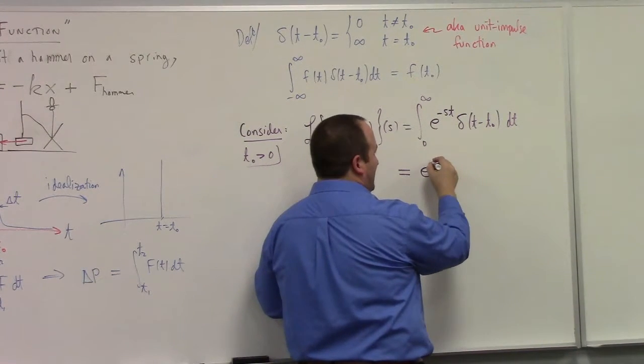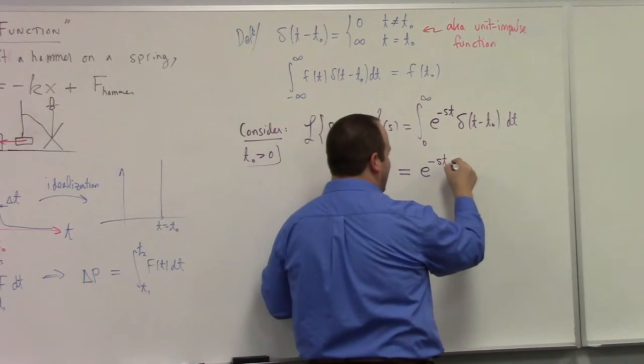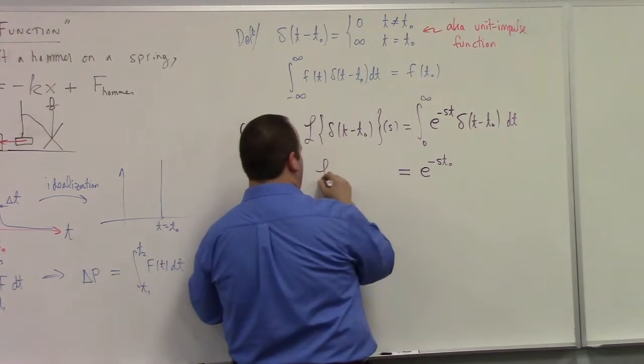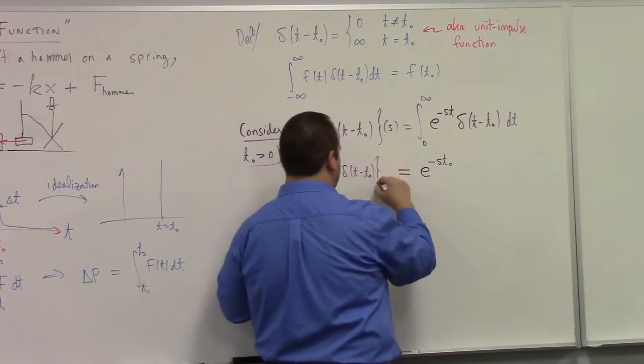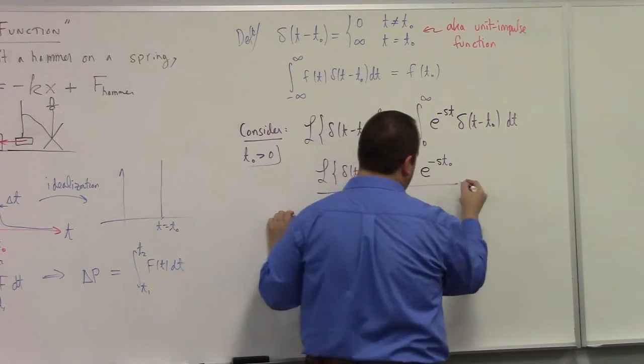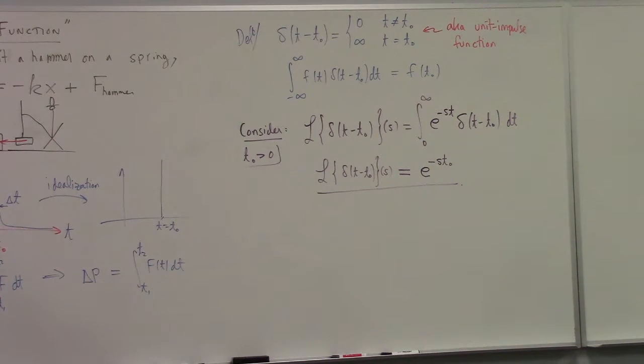And write what? e to the minus s t naught. There you go. Bam. Isn't that simple? It's very simple.